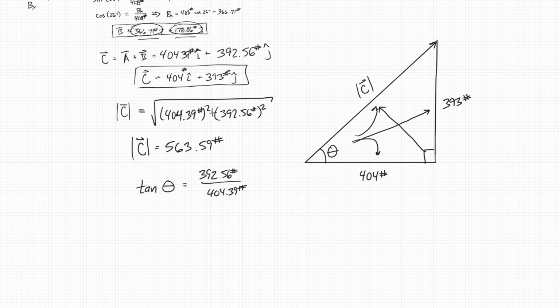Okay, so what we'll do is we'll solve that, and we get theta equals 44.1495, so 44.15 degrees. Okay, so in other words, C equals 564, because we're going to round that, 564 pounds at an angle of 44.2 degrees, okay?